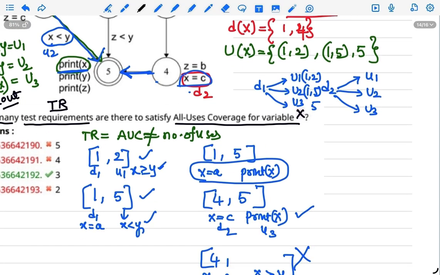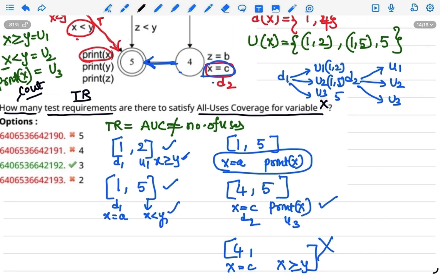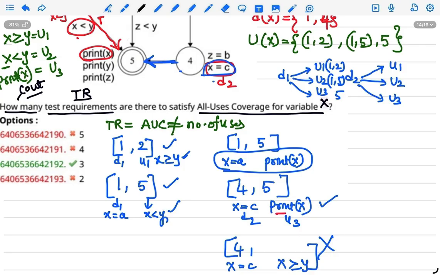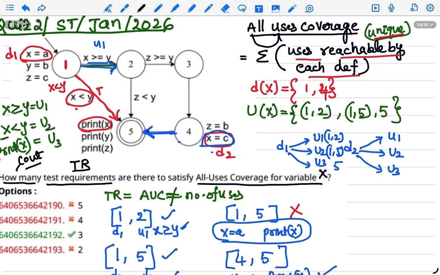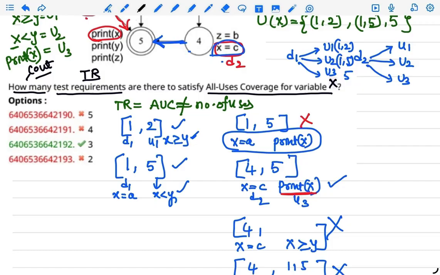So print x at 5 is already covered by this definition, x equals c at node 4. So this use is covered by this one. This is not a unique path. So consider only unique paths, and the answer is only 3. First one, 2, and this is 3. So the answer for this question is 3.